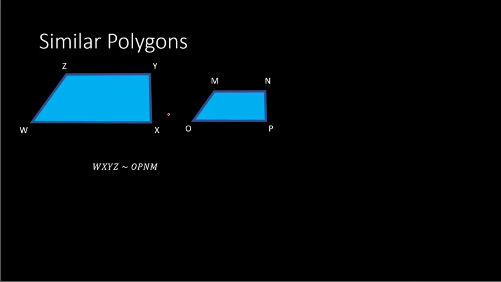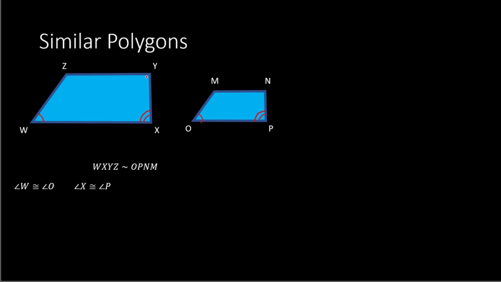So with similar polygons, we said that the corresponding angles will still be congruent. So for example, angle W right here would be equal in measure to angle O. So they're congruent, they're equal measure. Then angle X right here would be congruent to angle P over here. Those are corresponding, so they would be equal measure.